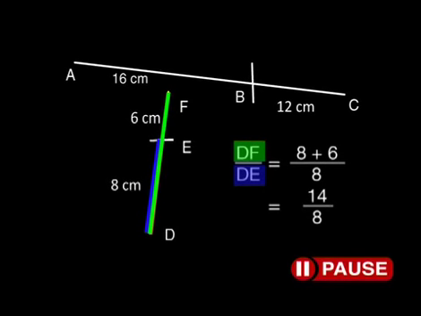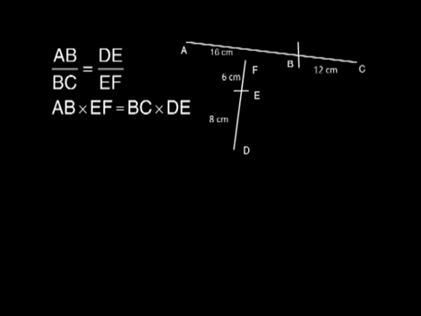That's excellent, Kanya. And there are some other statements we can also make if the two line segments are proportional. For example, from the first ratio, if we cross multiply, we get AB times EF equals BC times DE.